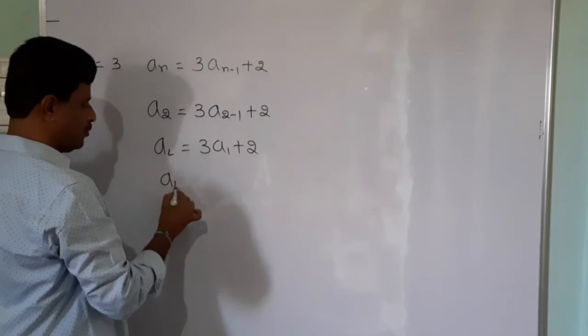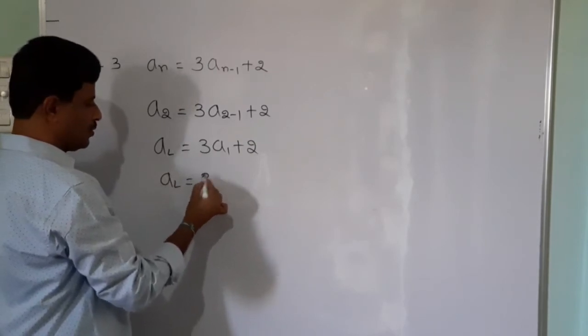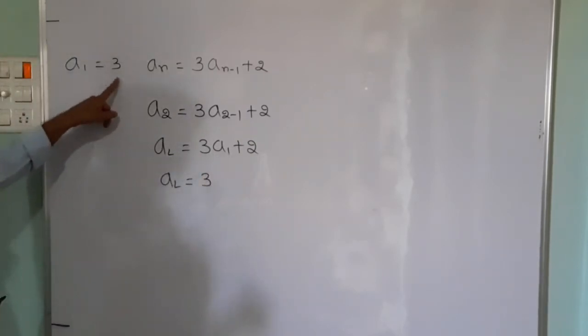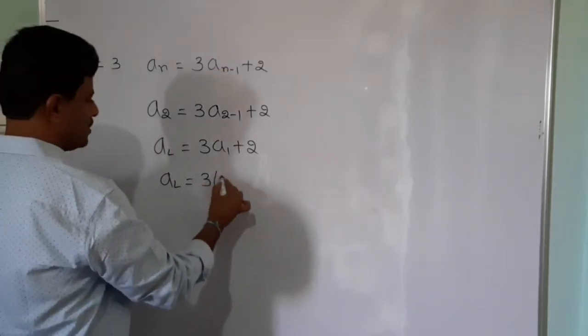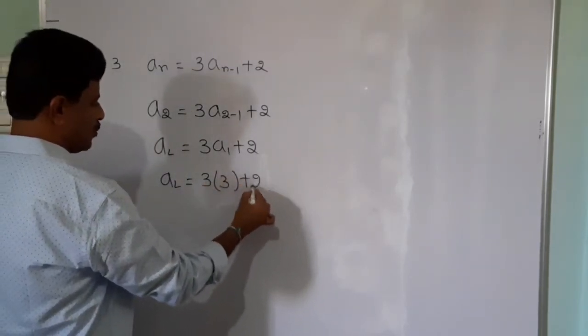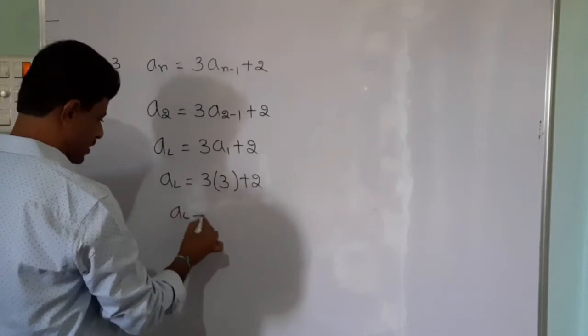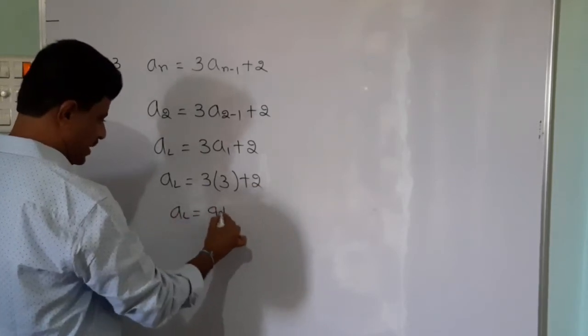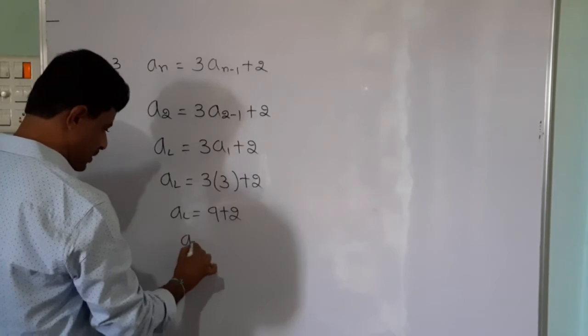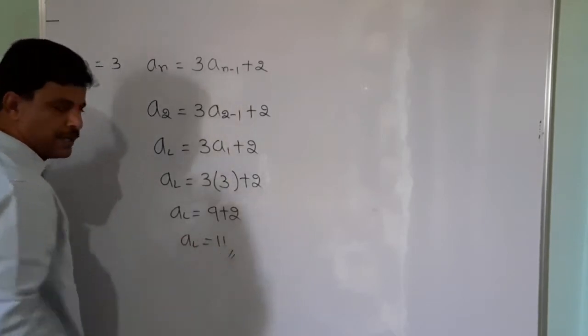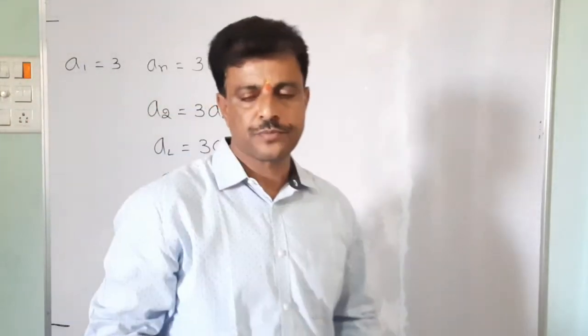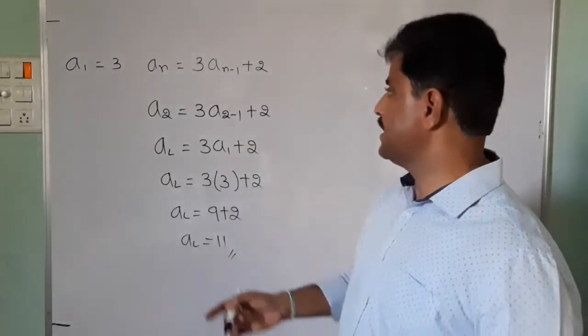What is the value of a_1? Already given, a_1 is equal to 3. So a_2 is 3 threes are 9, plus 2, so a_2 is equal to 11. Okay, dear students, once again, you see.